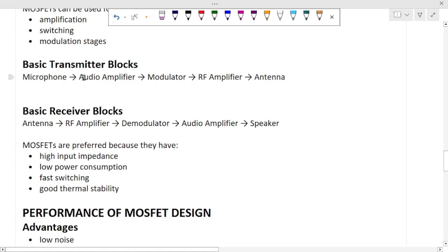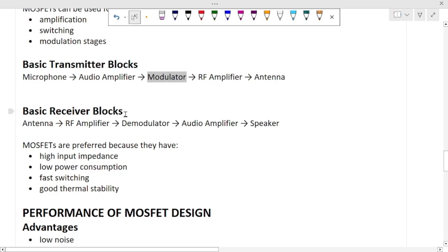Audio from the microphone goes to the audio amplifier, then to the modulator, which puts our signal onto a carrier signal.